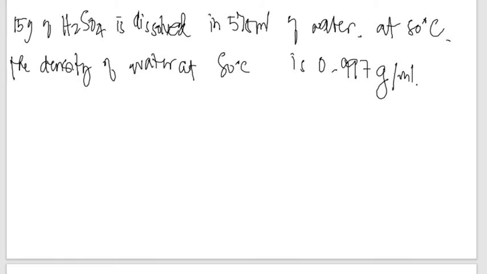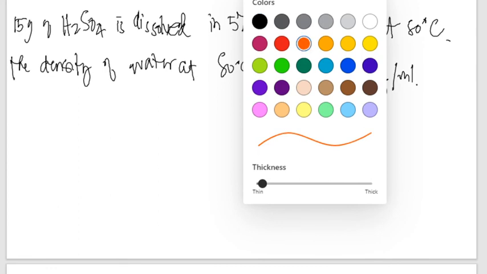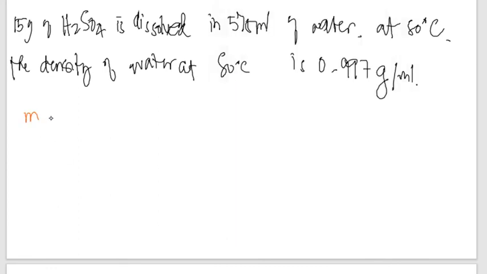So, ano nga ulit ang formula natin? Lowercase letter m, is equals to moles of the solute divided by kilogram of the solvent. So first, discuss muna natin yung moles natin. Okay?